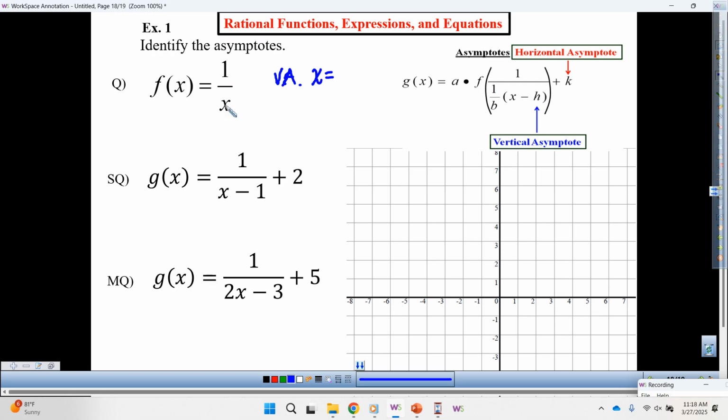So look up, look at my fraction, and look at our general rule. Question, is there anything next to the x here? No, so therefore my vertical asymptote is 0.